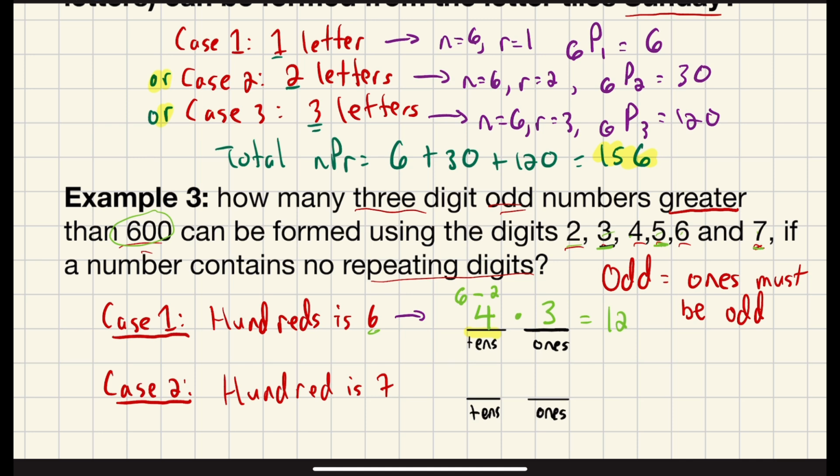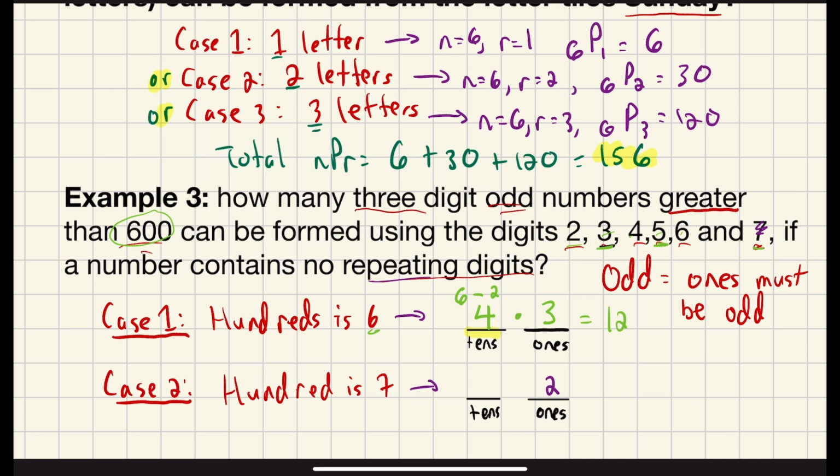Now, if I look at case 2, where the hundreds is 7, well, your ones digit must be odd, but it can't be 7, because otherwise that's a repeating digit. So then we're only left with 2 choices for the ones.